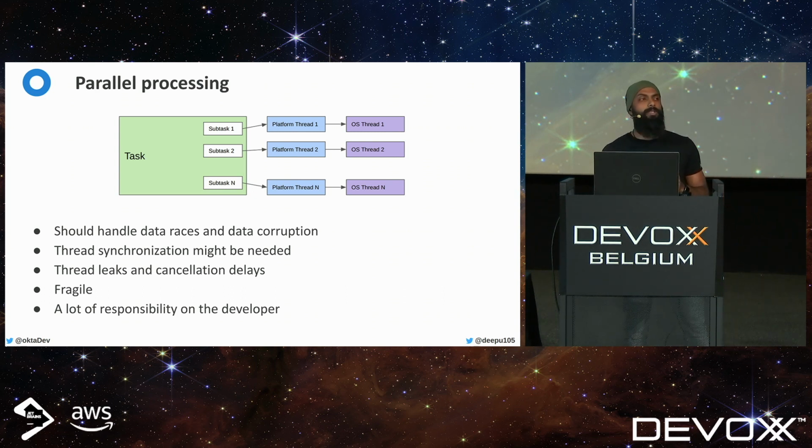Another very common use case for threading in Java, or in general, is parallel processing or multi-threading, where you split a task into multiple subtasks and execute each of these tasks in a different thread. This could be for various different reasons.